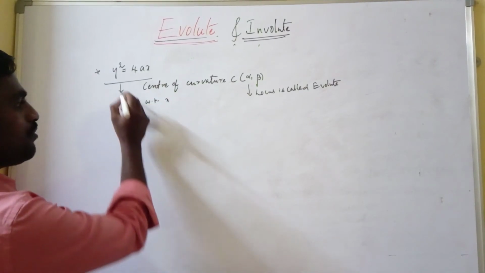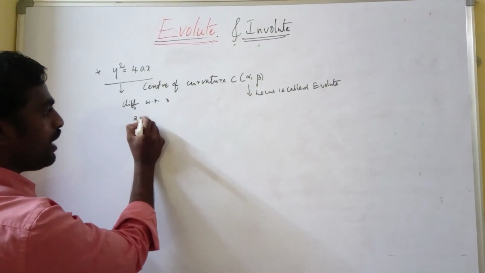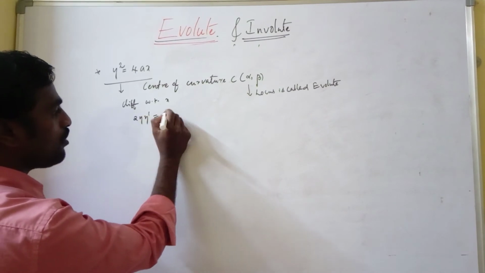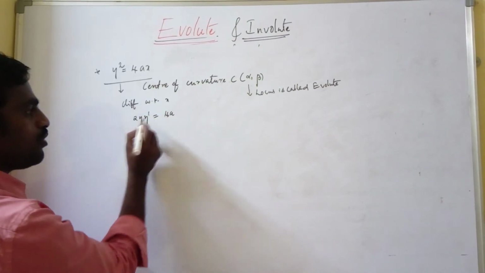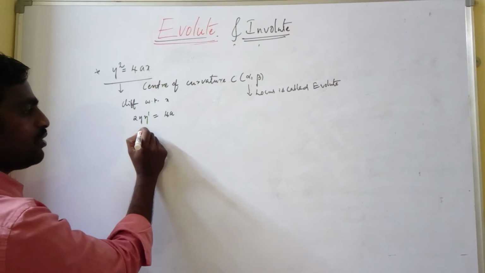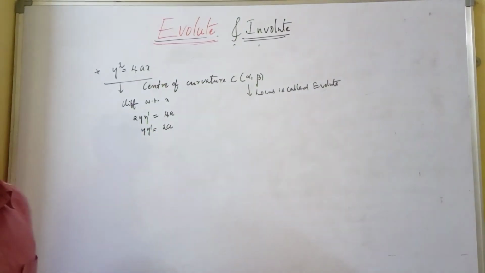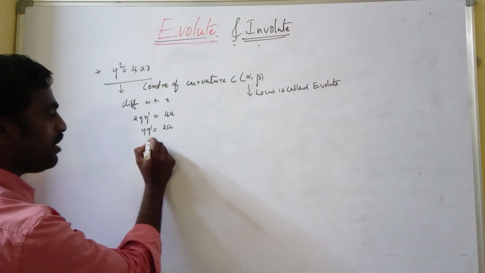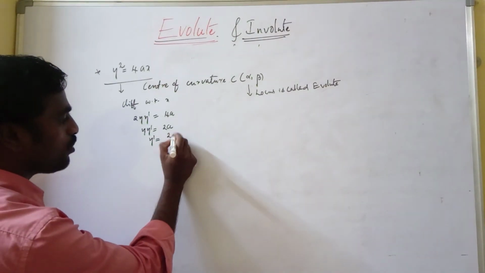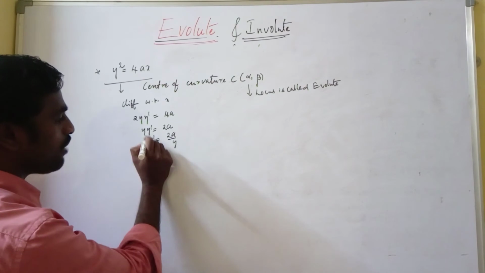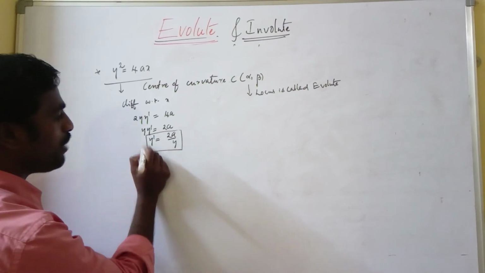So we get 2y into y dash equal to 4a, so y dash equal to 2a by y.